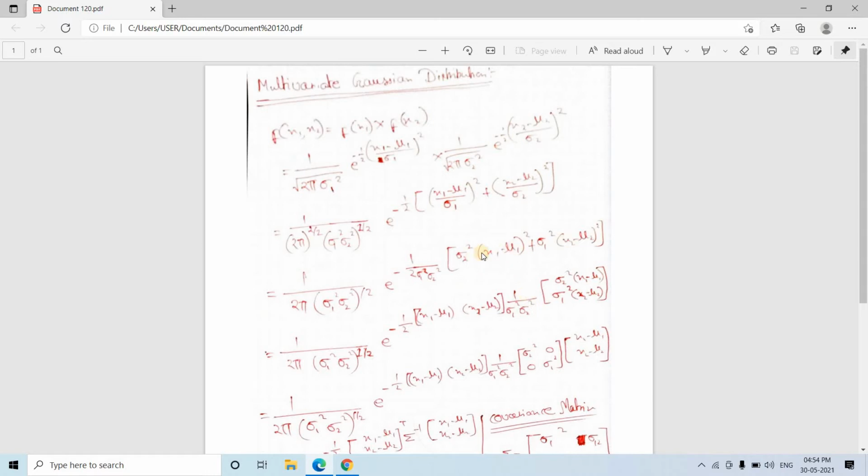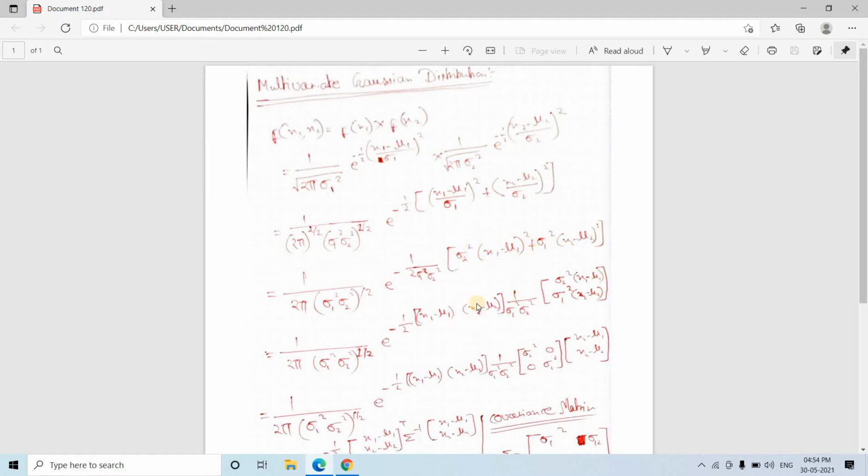Okay, and this term I have split into two matrices. Here one matrix is there and here one matrix is there. You just do the matrix multiplication and check whether you are getting the same result or not. x1 minus mu1 multiplied by sigma 2 square into x1 minus mu1. So you will be getting sigma 2 square multiplied by (x1 minus mu1) whole square. That is this first term.